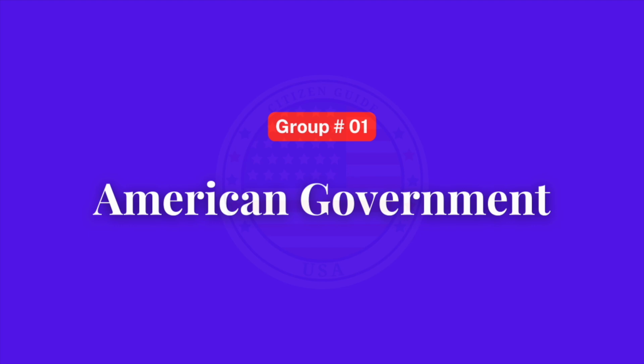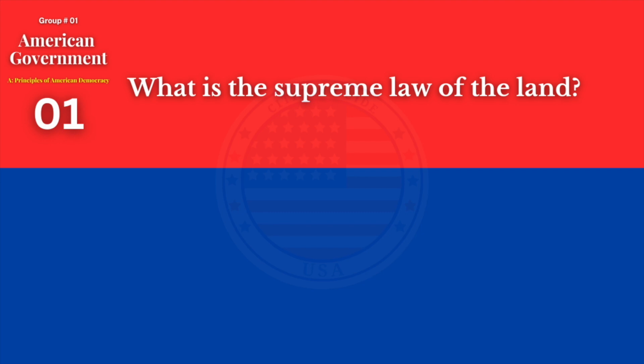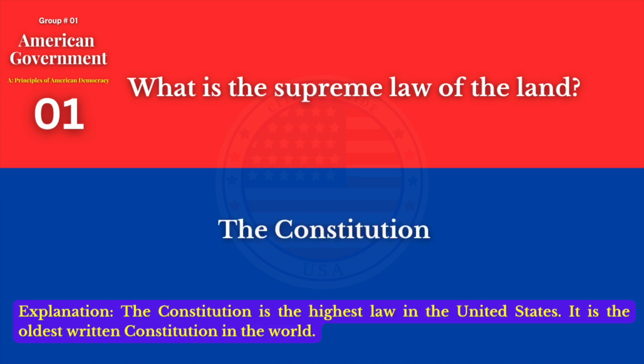Group 1. American government. What is the supreme law of the land? The Constitution.